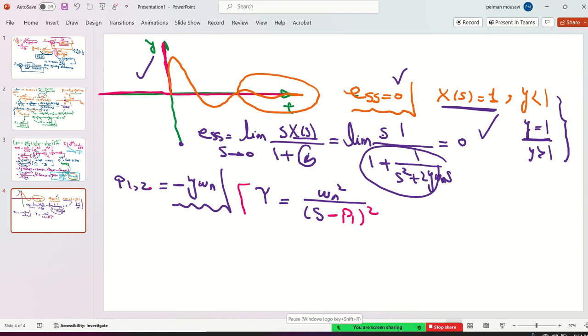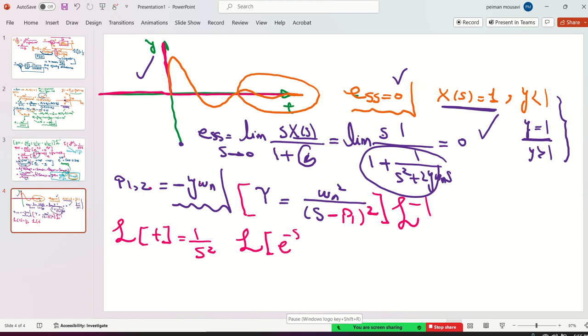Now I want to go to the time domain, the inverse Laplace. But I have to use a trick. What's the trick? I taught you the ramp Laplace is 1 over s squared. Good, I see the square here. Also, I taught you that e to the minus a t times f of t, you have in your notes, is s plus a.